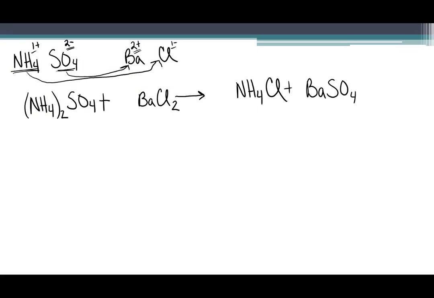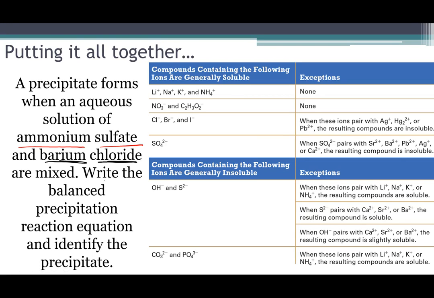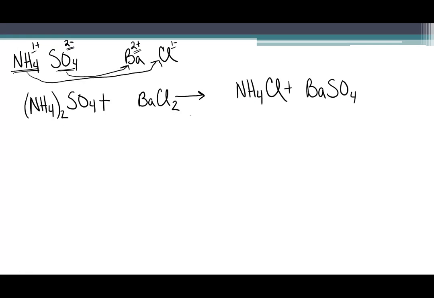So we've gotten our reactants onto the paper. We've gotten our products onto the paper. We've made sure that those ionic compounds are neutral. Now we need to balance this equation. Why do we need to balance it? Because it told us to, right? The balanced precipitation equation. So we're going to have to balance this now.